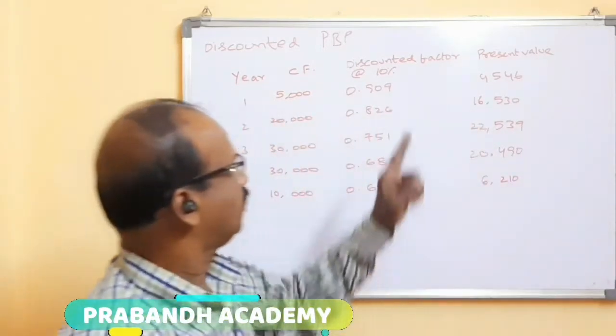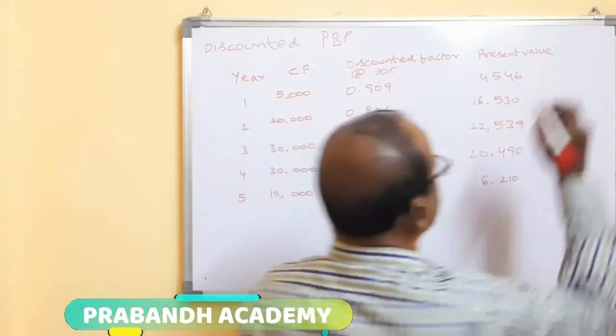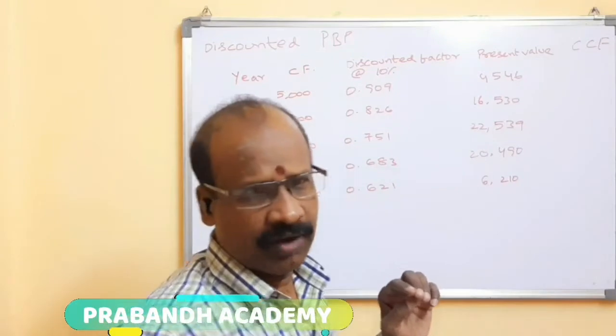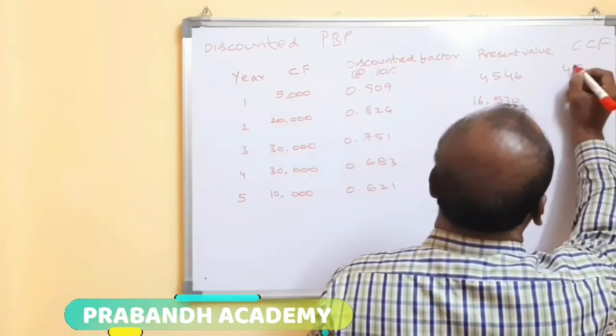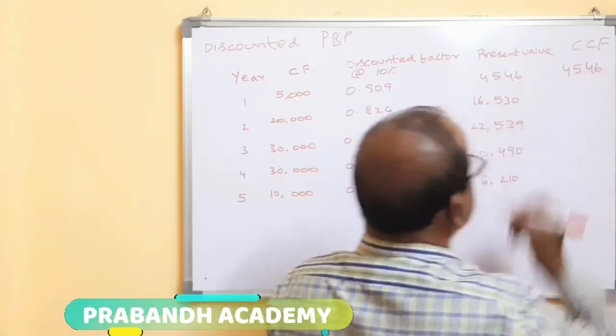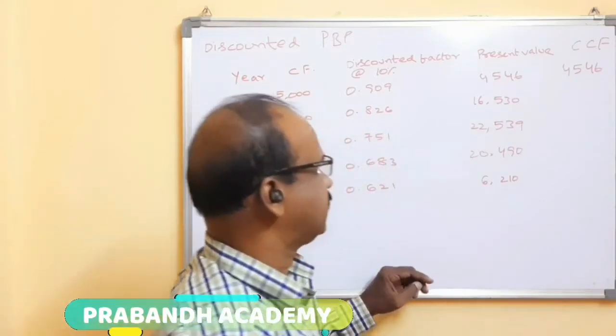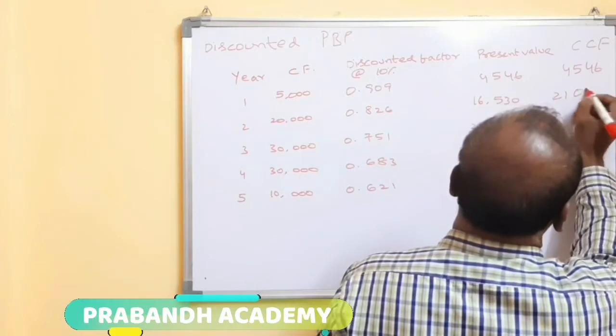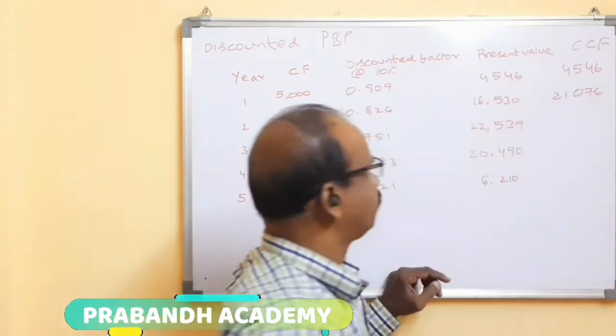Now we calculate cumulative cash flows, CCF. First year, 4,546, same. Second year, 4,546 plus 16,530, we get 21,076.